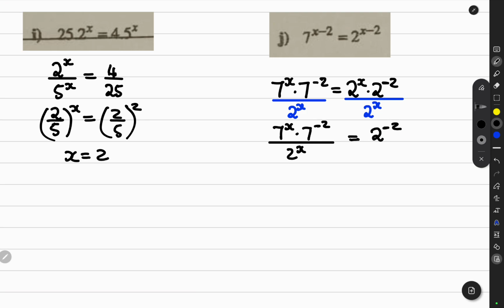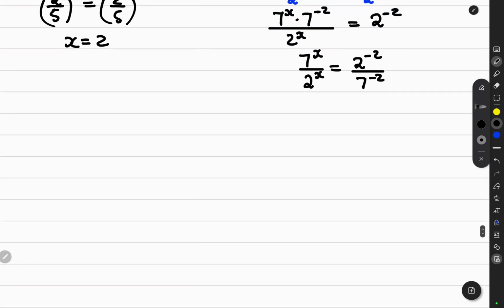So I'll have to make sure I get rid of this by dividing both sides by 7 to the power negative 2. So I'll remain on the left with 7 to the power x over 2 to the power x, and on the right I'm going to have 2 to the power this one all over 7 to the power this one.